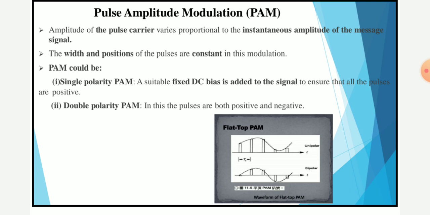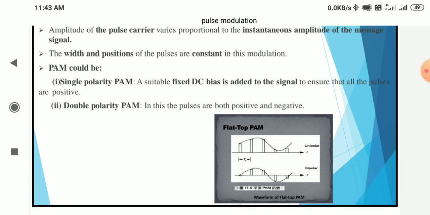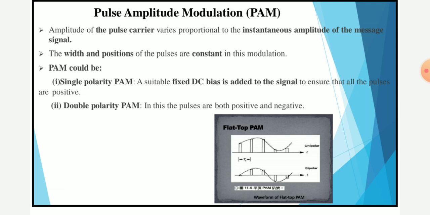If the amplitude of the message signal is high, the pulse will have a higher amplitude in the PAM wave, and where the message amplitude is less, the pulse amplitude will be minimum. In PAM systems, the width and the position of the pulse remain constant. There will be change only in the amplitude of the pulse.